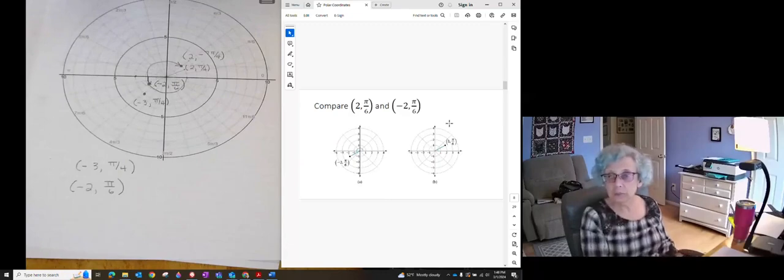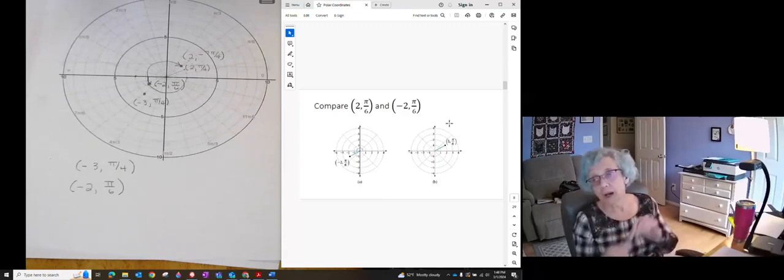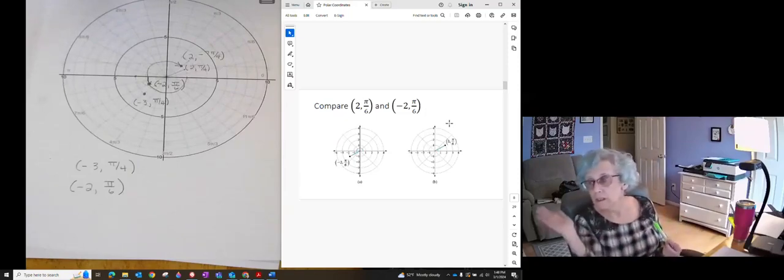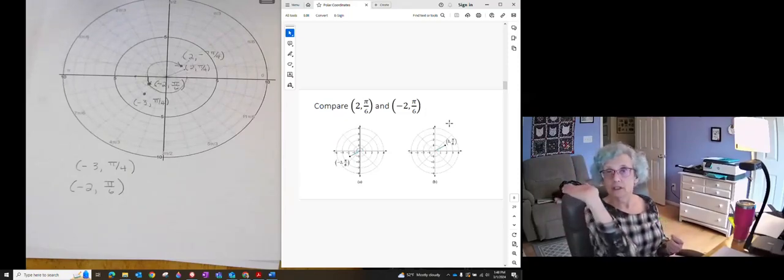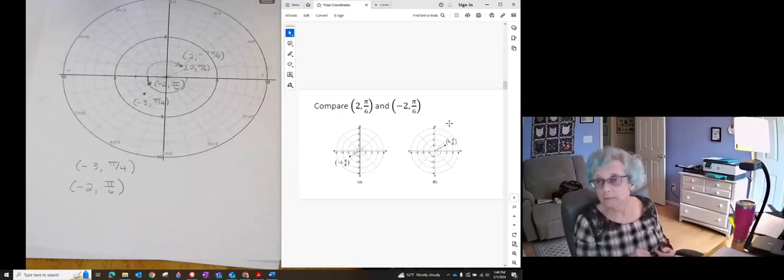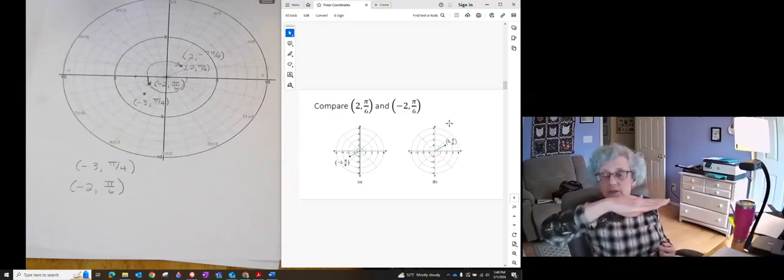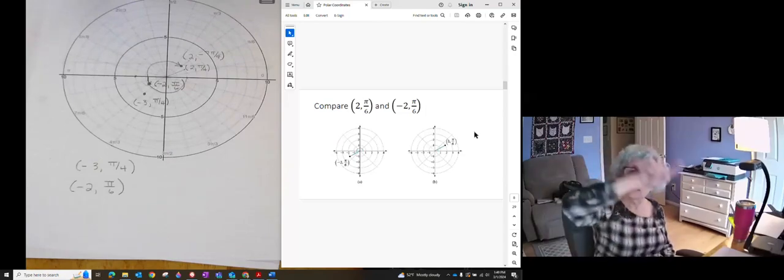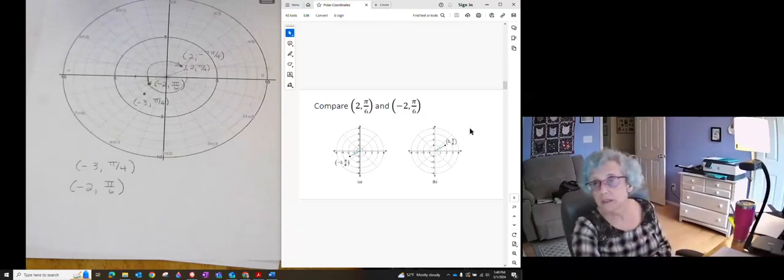So let's compare (2, pi over 6) and (-2, pi over 6). For (2, pi over 6), you start at the positive 2 and move pi over 6 units up. Here you start at the -2 and move pi over 6. You're still moving pi over 6 in the positive direction because counterclockwise is the positive direction.